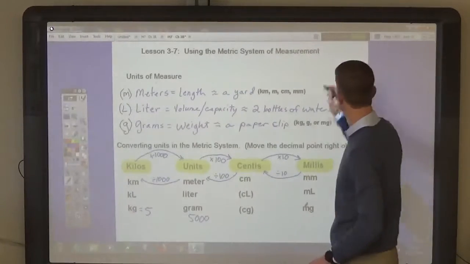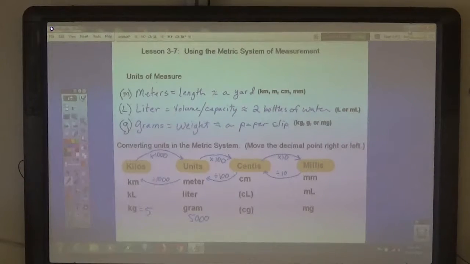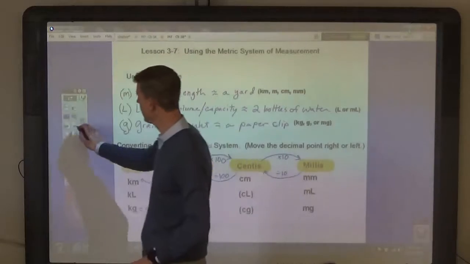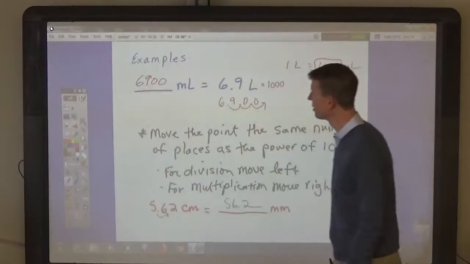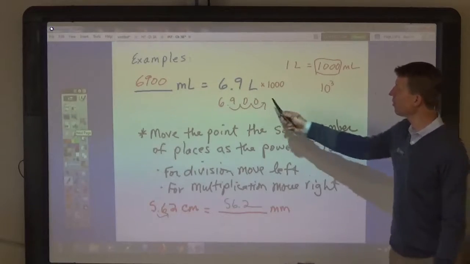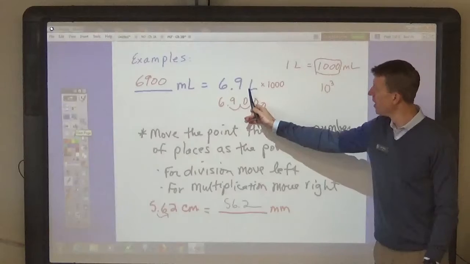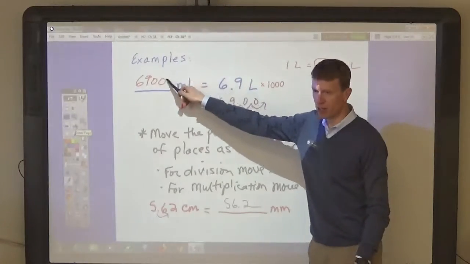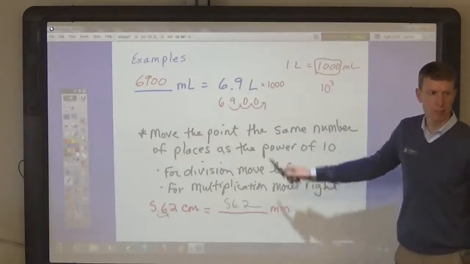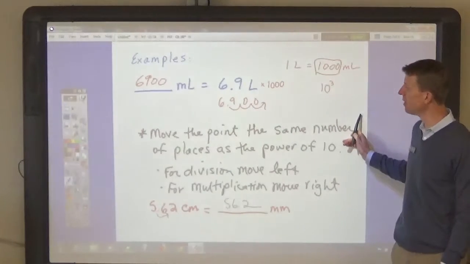And can't you just also use the decimal point? Yes, that's what we're going to talk about next. So when you're multiplying and dividing, what you're really doing is just moving the decimal point where you need to move it. So let's say that you're starting with 6.9 liters, and you need to convert that to milliliters. 6.9 liters to milliliters is times 1,000.